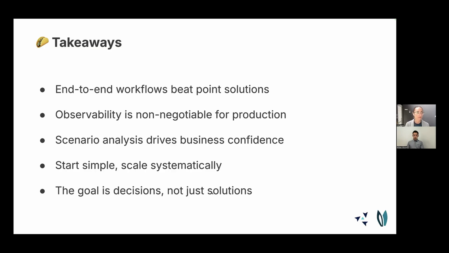So, I want to close this out by wrapping up with 5 key takeaways from our journey building optimization systems. First things first, end-to-end workflows beat point solutions. Success isn't about having the best model, but about integrating modeling, the solution, and visualization in one seamless system.